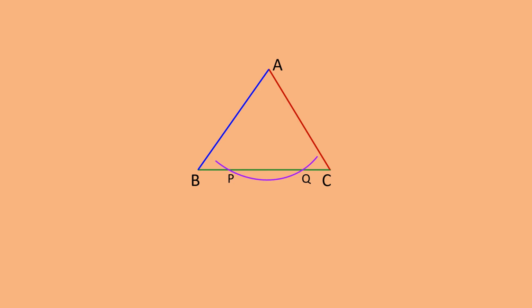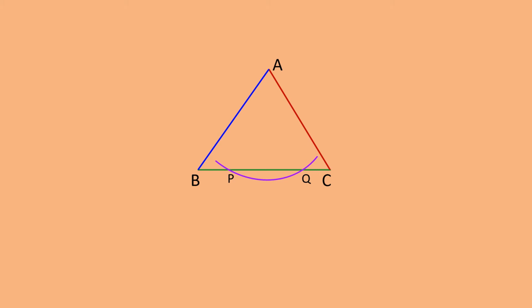So we know that now the arc is intersecting side BC at points P and Q. Now from point P we will draw an arc with the help of the rounder by keeping its nail at point P, towards the downside.